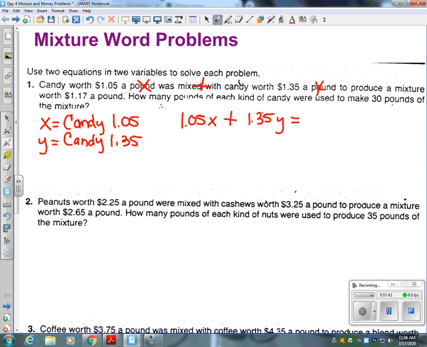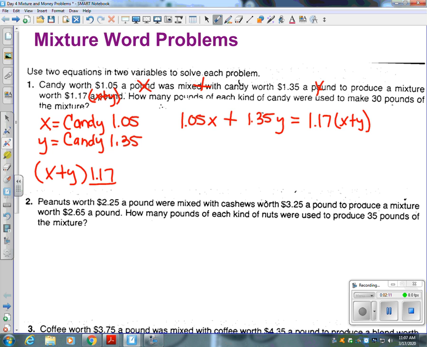So when you mix it, it's going to be X plus Y, and you got a mixture that's $1.17 a pound. Remember that this $1.17 is also your rate. So $1.17 times X plus Y.